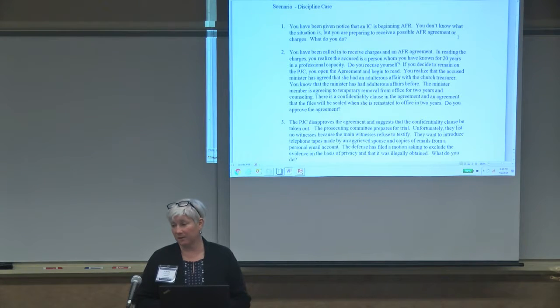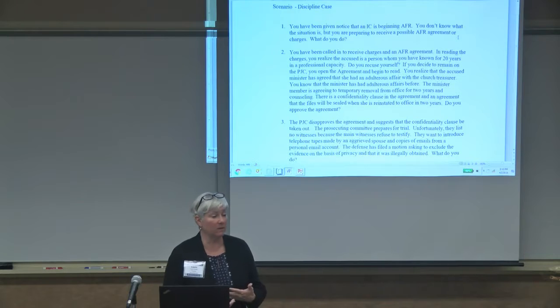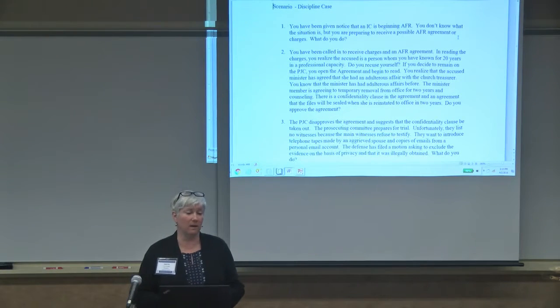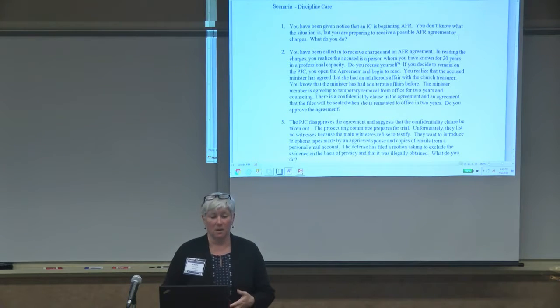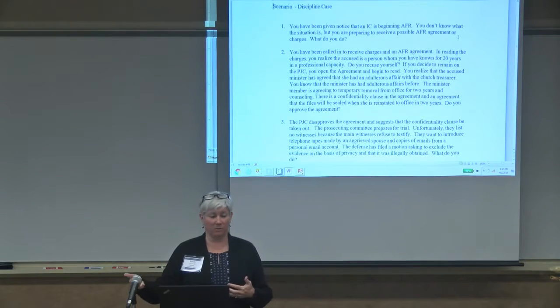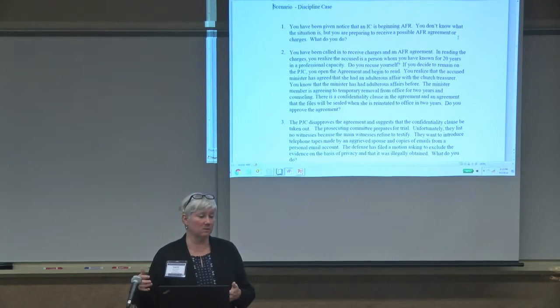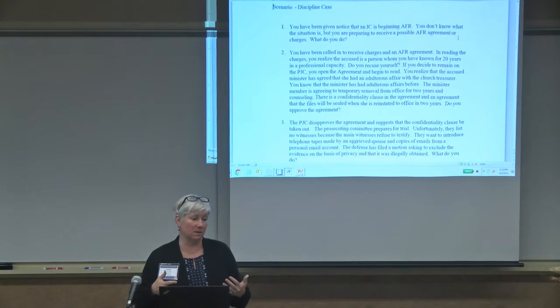For teaching elders, if you receive any information in the context of pastoral care, you must keep that information confidential. You may share that information if the person gives you permission, and you must report it if it is child abuse, which is under the age of 18.